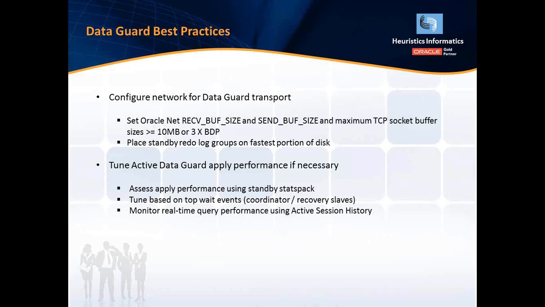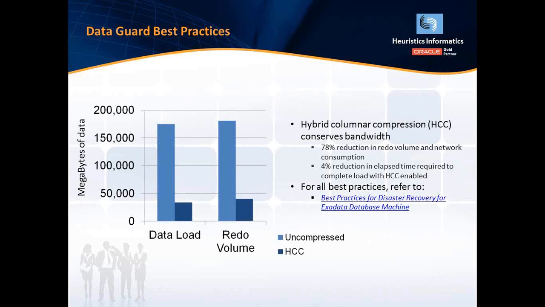Additionally, we can use a specific feature of the Oracle Exadata Database Machine, which is called Hybrid Columnar Compression. What that does is it stores data on the disk in a compressed format and does it on the fly, transparently. So the end user does not notice any significant performance impact of the columnar compression.